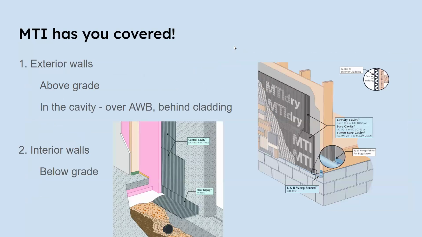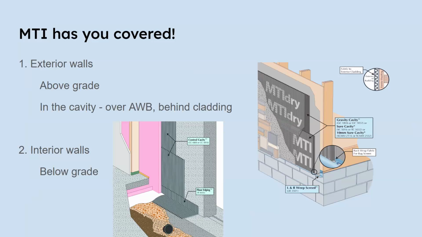The thing to remember, if you take anything away from this, is that MTI has you covered. Exterior walls above grade in the cavity, or also, we're not going to talk about it very much, but we do offer products for basement waterproofing and crawl space drying, either for new construction or remodeling.